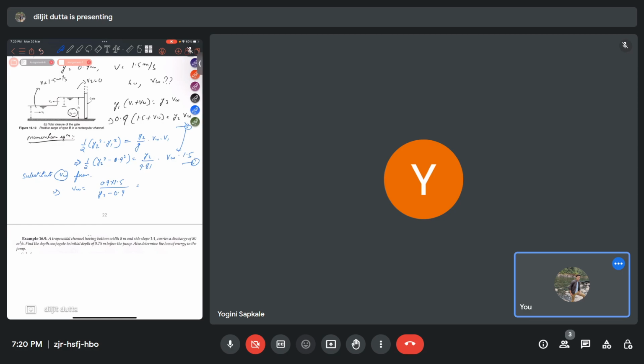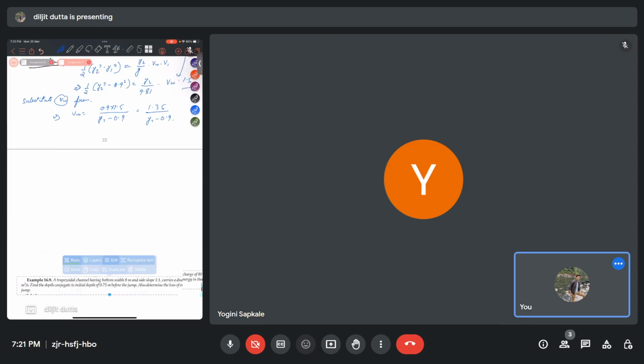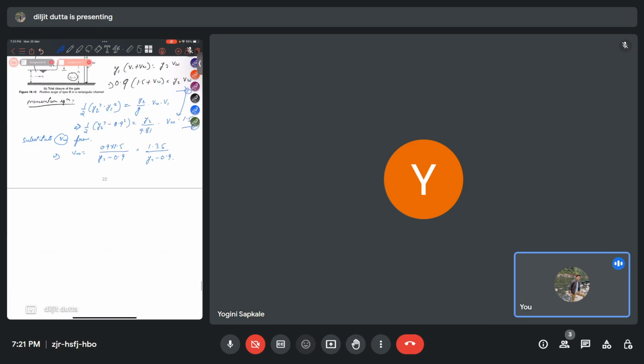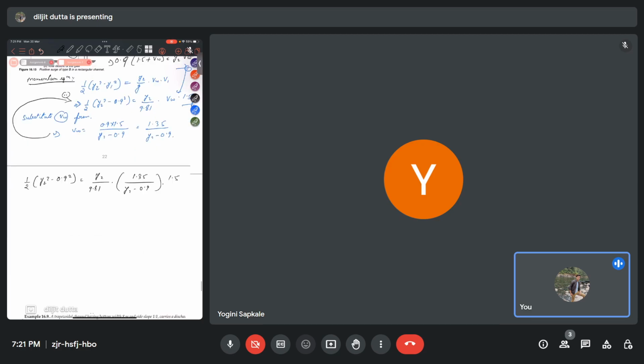So W is 1.35 divided by y2 minus 0.9. If you substitute VW here in the equation, what will you get? Half of y2 squared minus 0.9 squared. W will be 1.35 divided by y2 minus 0.9, so we'll get a cubic equation.